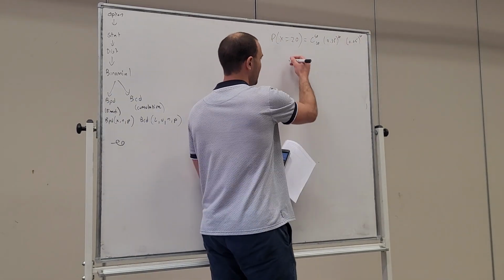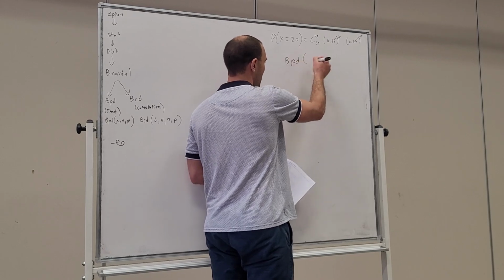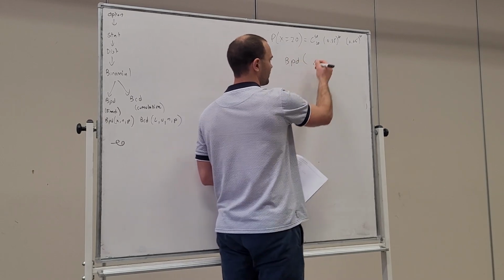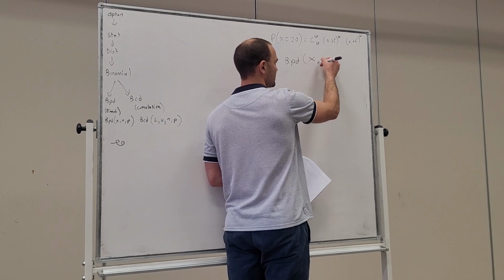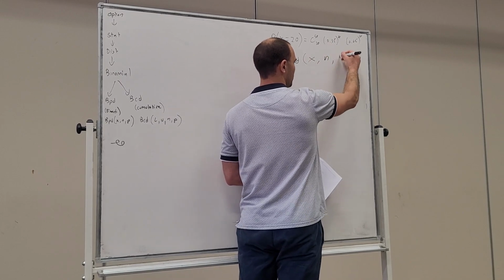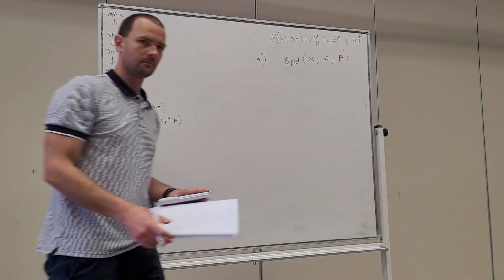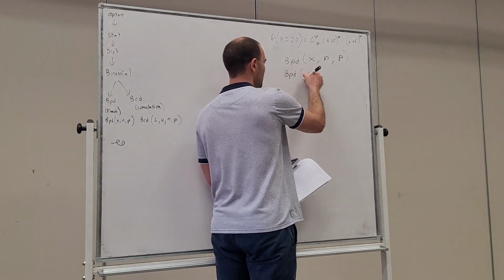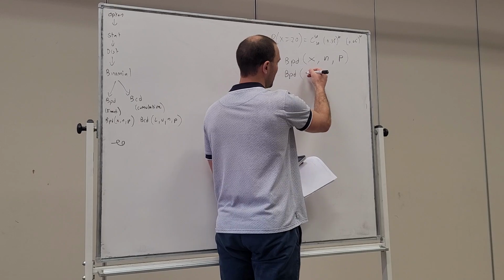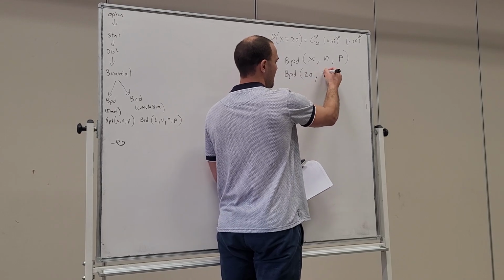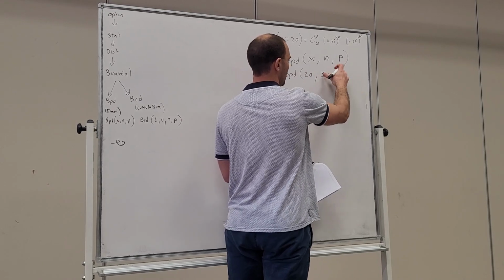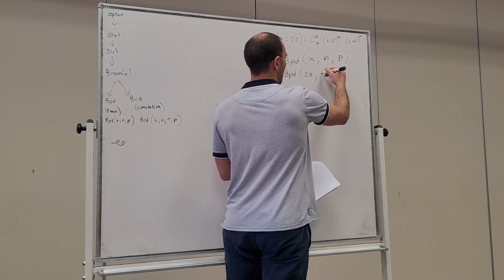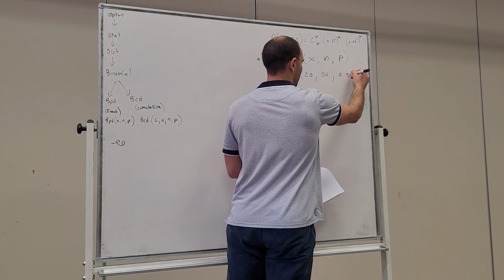Instead, we can press BPD and we type it in this order: number of successes, number of trials, probability of success. Okay, so in our circumstance, if we're typing in BPD, we've got 20 successes out of 50 trials, and the probability of success is 0.35.